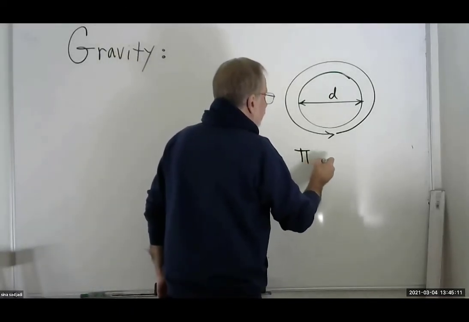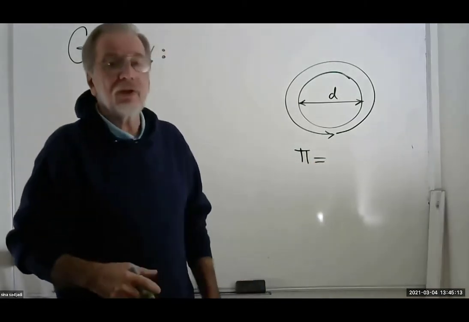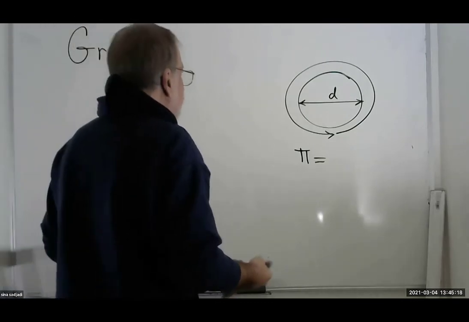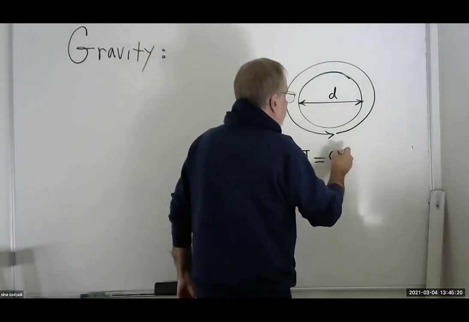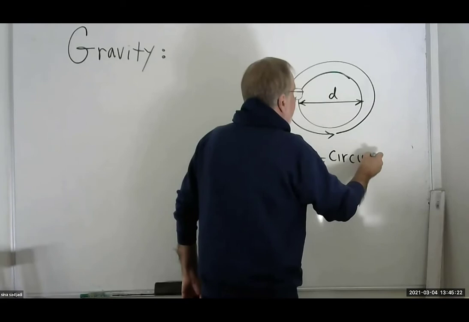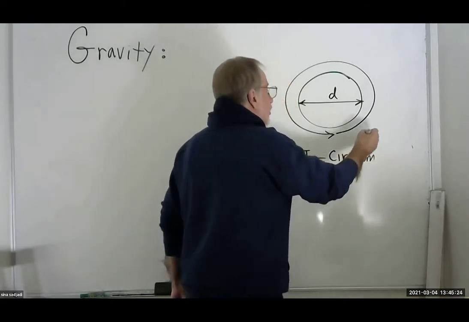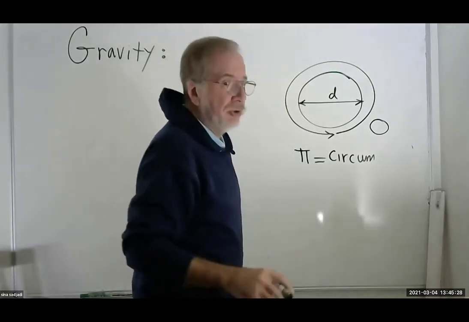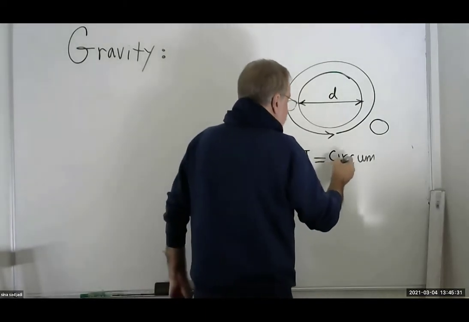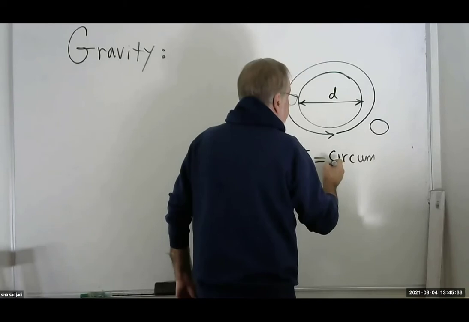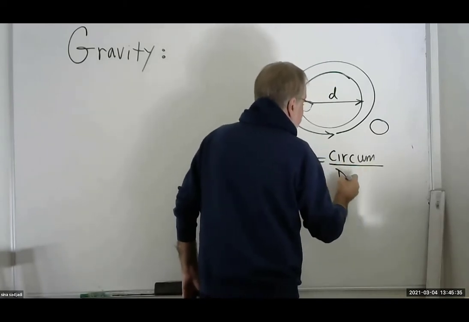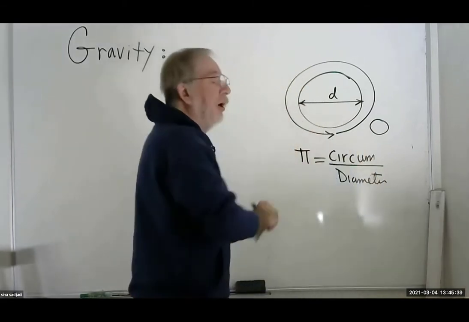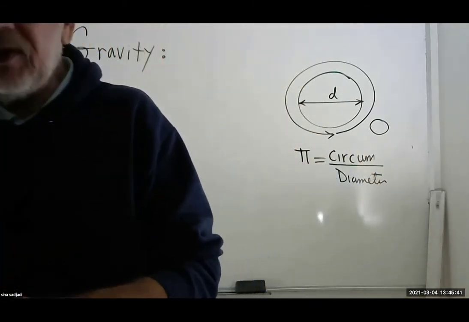That pi that you see, say 3.14, is not really 3.14. It's the ratio of the circumference of any circle, any size. You can have a tiny circle, you can have a big circle. It's kind of magical, actually, right? So the circumference of a circle divided by the diameter of the circle, that's always pi, regardless. That's a constant.